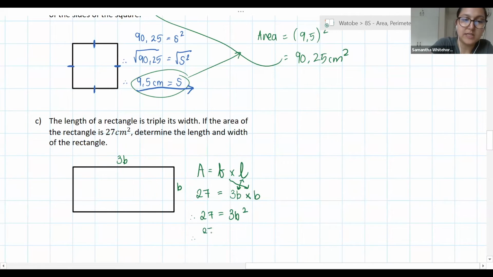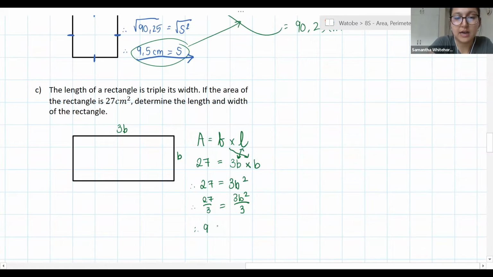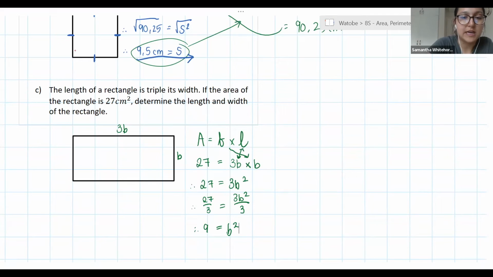So I'm going to say 27 divided by 3 and 3b squared divided by 3, which means that I've got 9 is equal to b squared. Now I don't want b squared, I just want b, which means that I need to square root both sides in order to get rid of that squared.